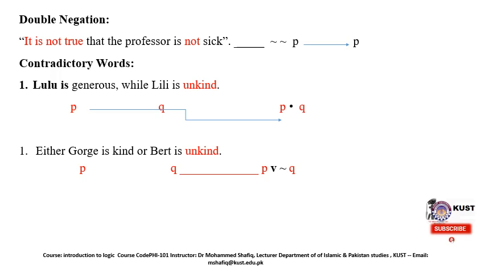And because both propositions have a disjunctive relationship between them, hence these are related with the symbol wedge, which is used for disjunctive propositions.